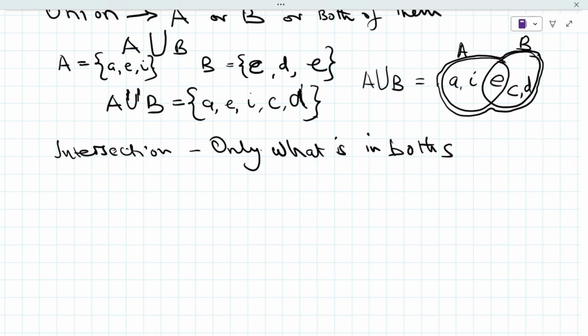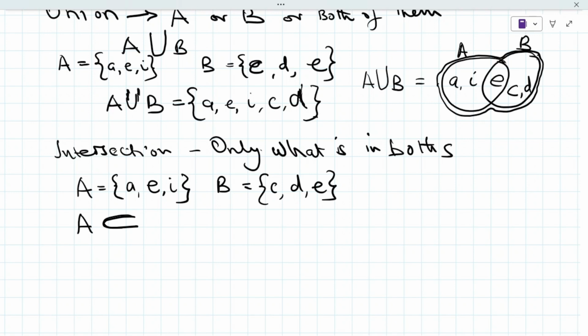So if we are to get our considered sets before, set A is equal to A, E, I, and set B is equal to C, D, and E, then set A intersection set B will be represented with a low-lying exaggerated C.